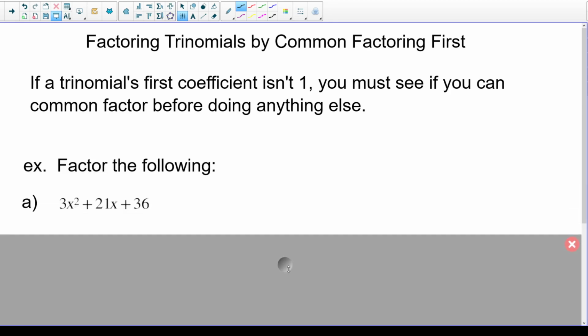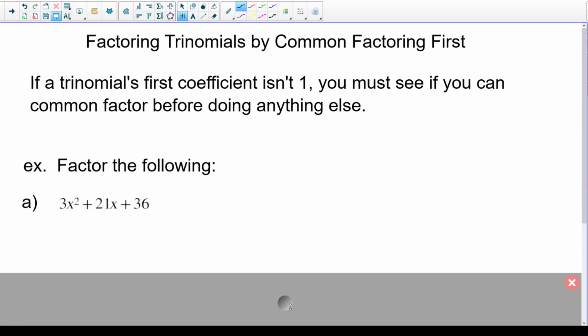And here's an example. If I asked you to factor the following, what would you do? The first thing you would look at is see if it has a 1 as its first coefficient. And as you can see, it does not. That's a problem.